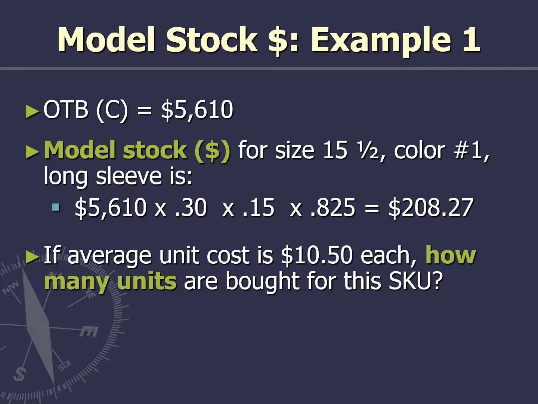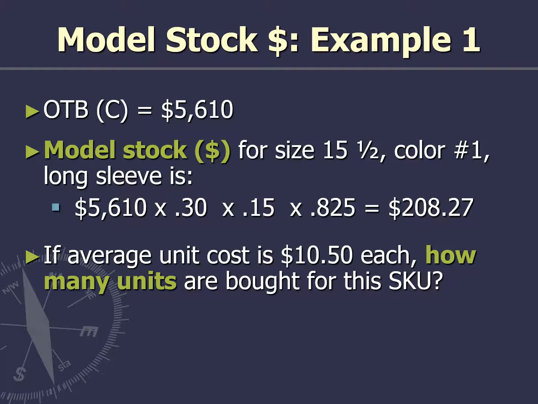We multiply all these percentages by the total open to buy for all the dress shirts, $5,610. That gives us $208.27 that we can spend to buy the dress shirts corresponding to this SKU.